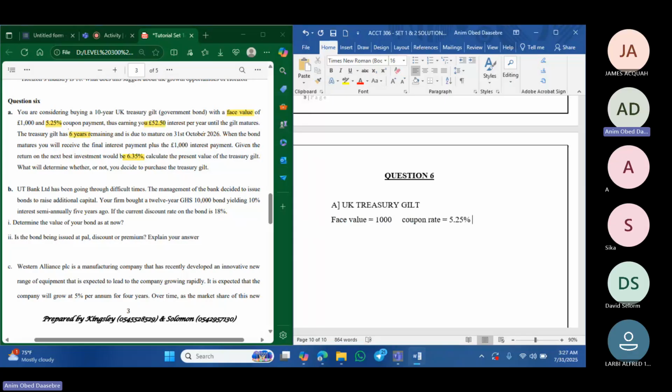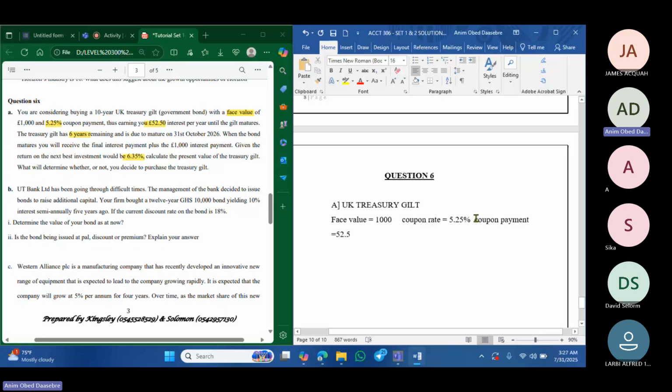And the coupon payment was given to us as 52.5 euros.